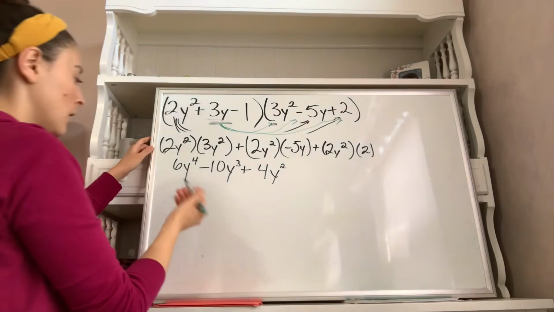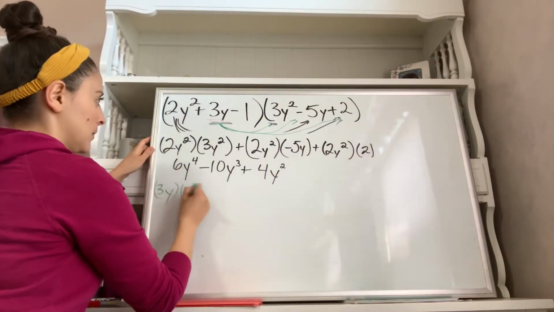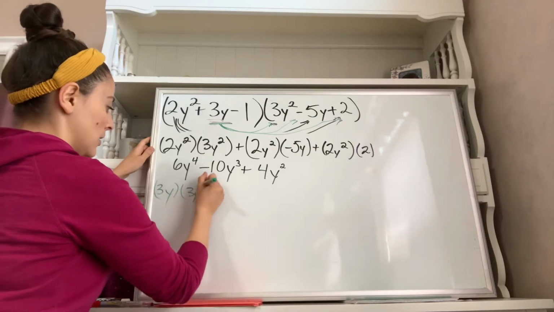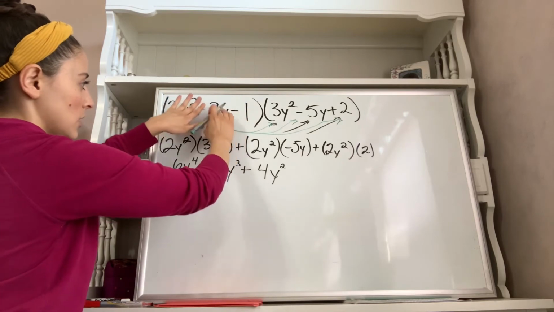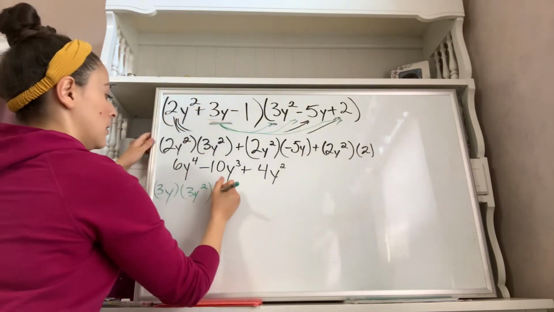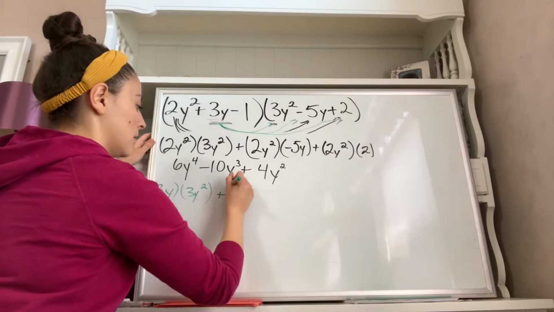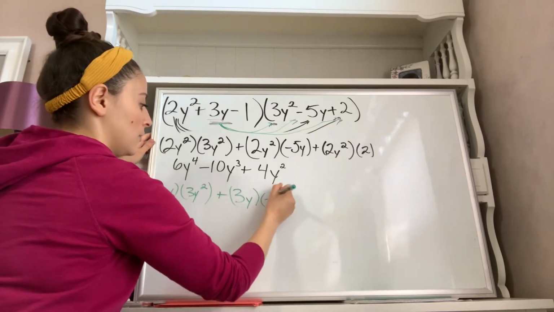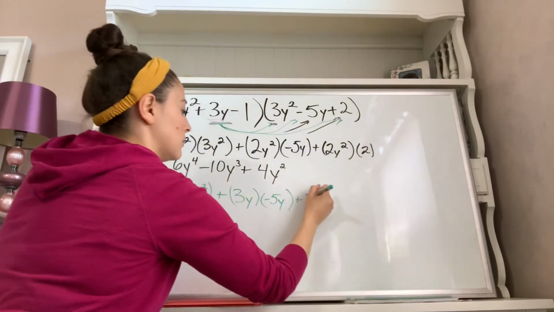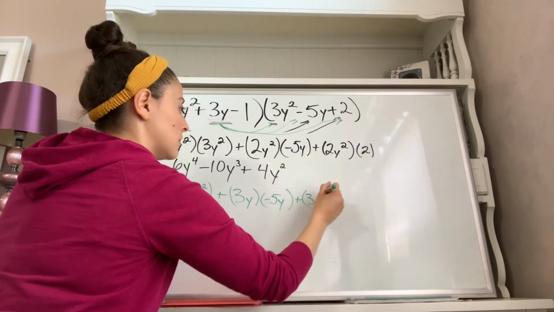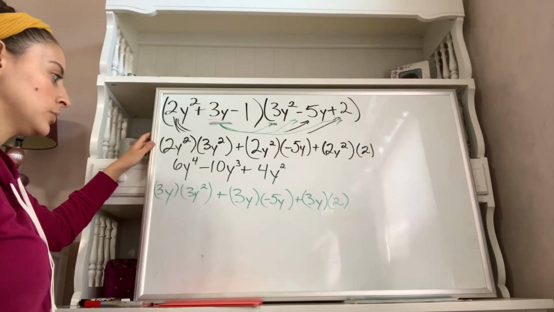Okay, so we have 3y times 3y squared, because now we're ignoring these two and we're just focusing on 3y and distributing it in, plus 3y times a negative 5y plus 3y times a positive 2. Okay?